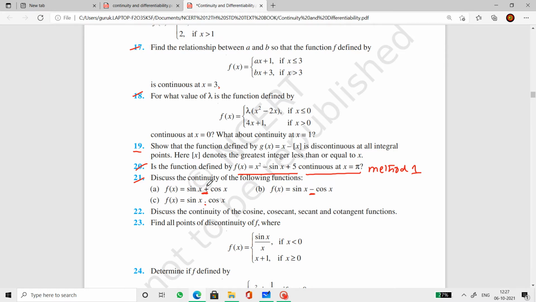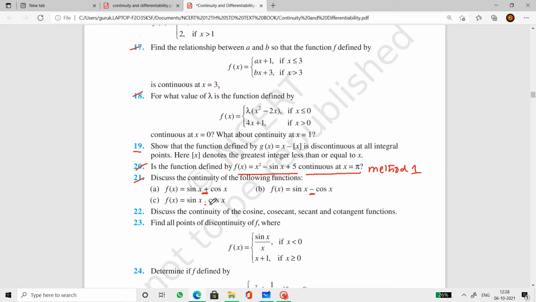Hence, sin x is continuous, cos x is continuous at all real numbers. Therefore, sin x plus cos x is continuous. Sin x minus cos x is also continuous. Sin x into cos x is also continuous. Clear? So when two functions are continuous, the sum, difference, product and division, everything is continuous.